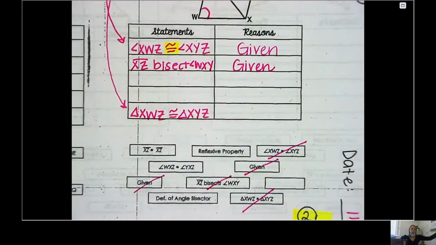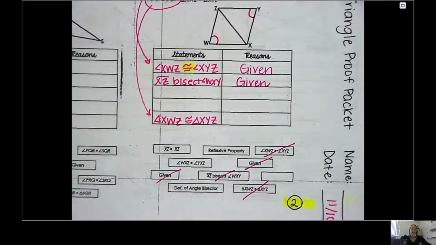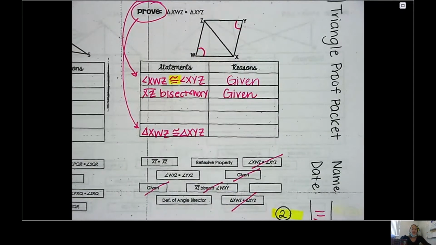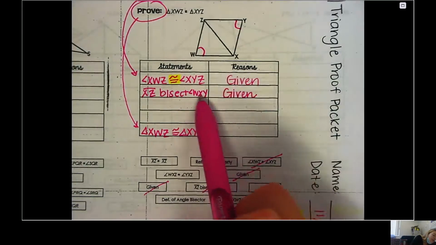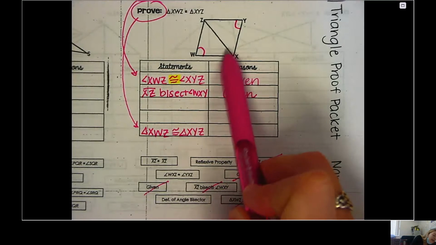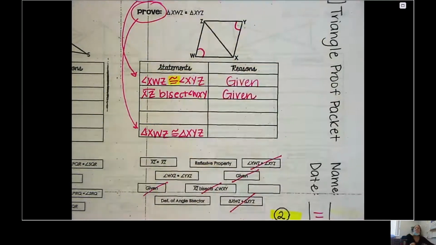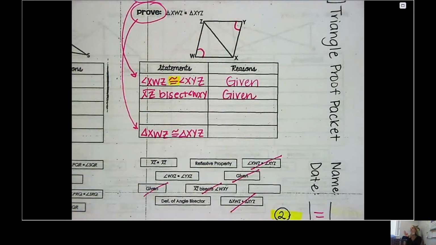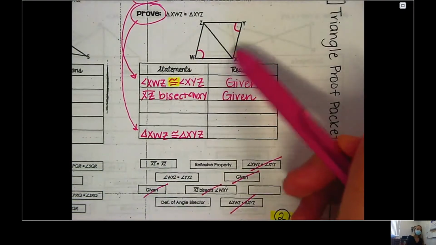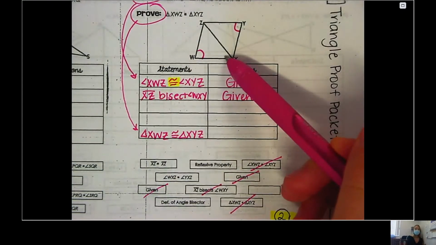Now, in that second statement there, I see that XZ bisects angle WXY, which is really just angle X. If I bisect angle X, what does that mean I'm doing? What does bisect mean? Cut in half. So if I'm cutting angle X in half, what does that mean about these two pieces right here? Yeah, they're equal.